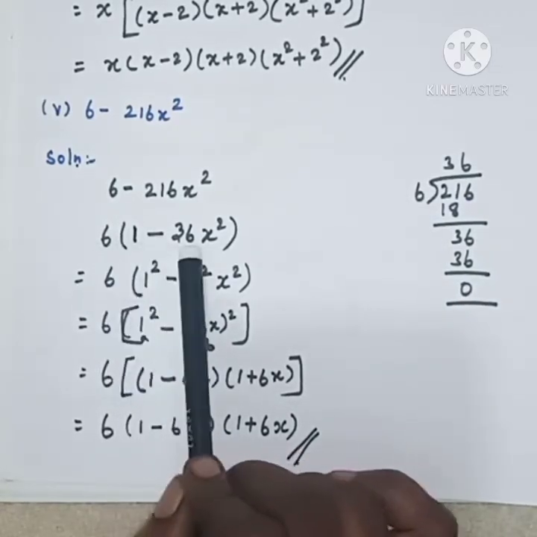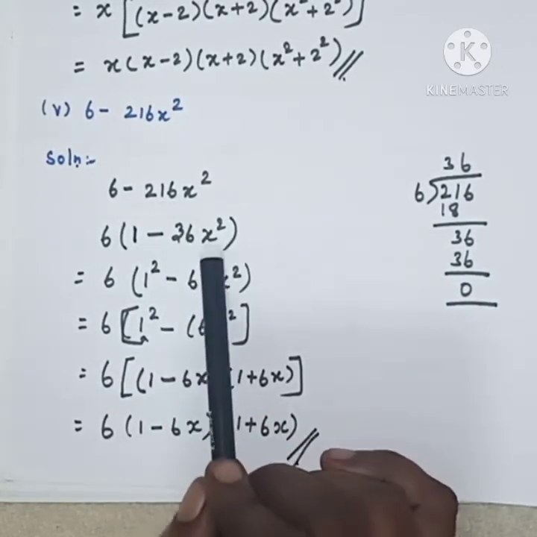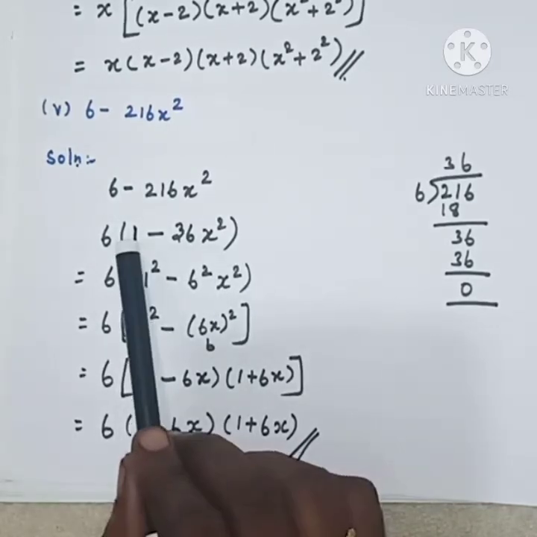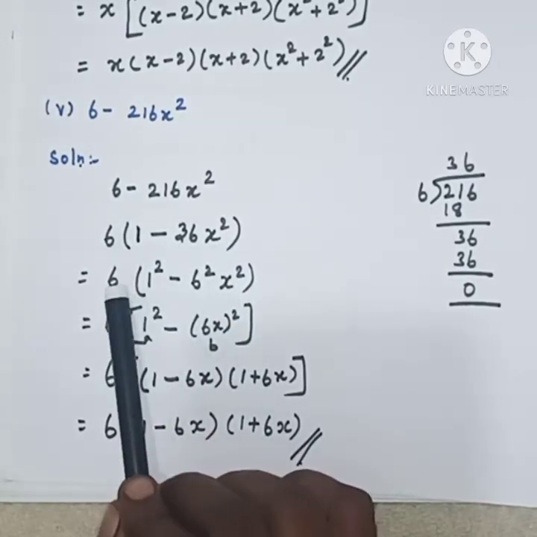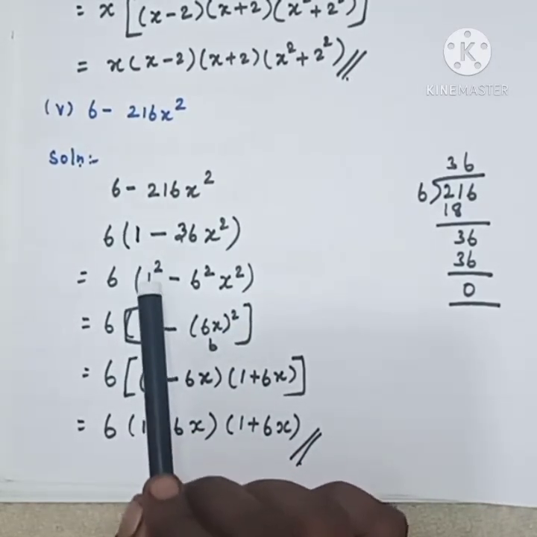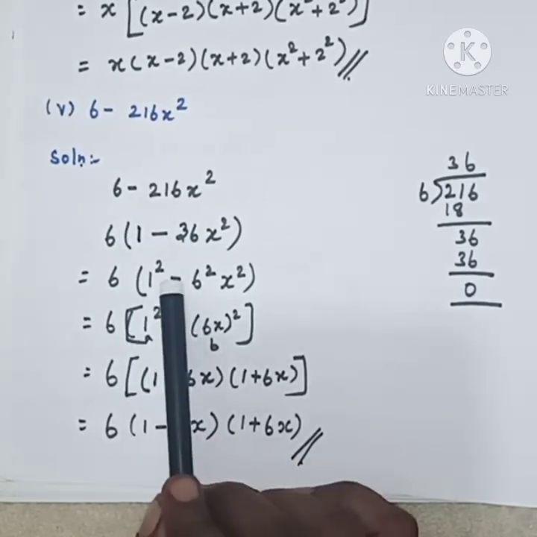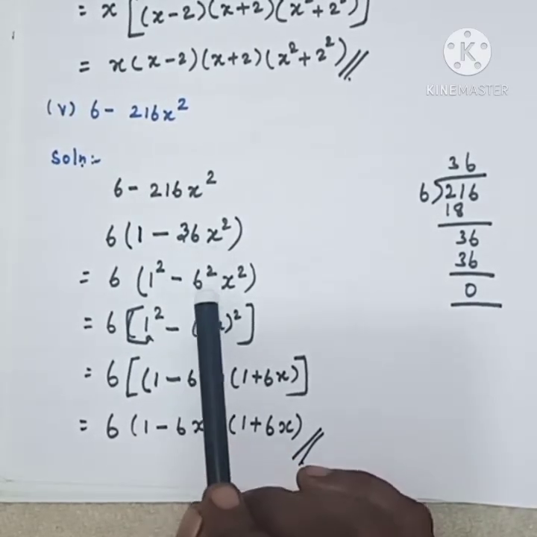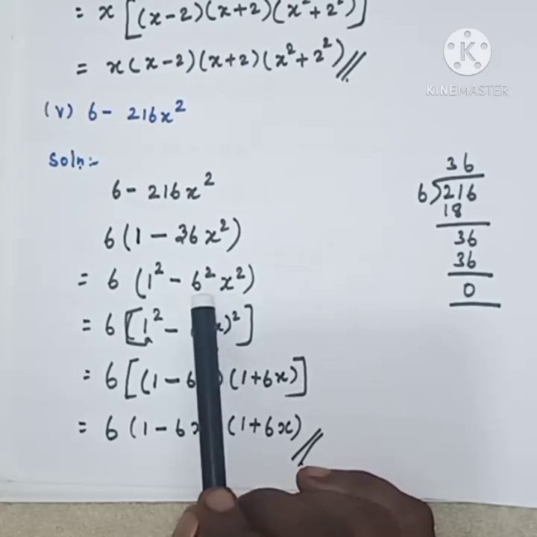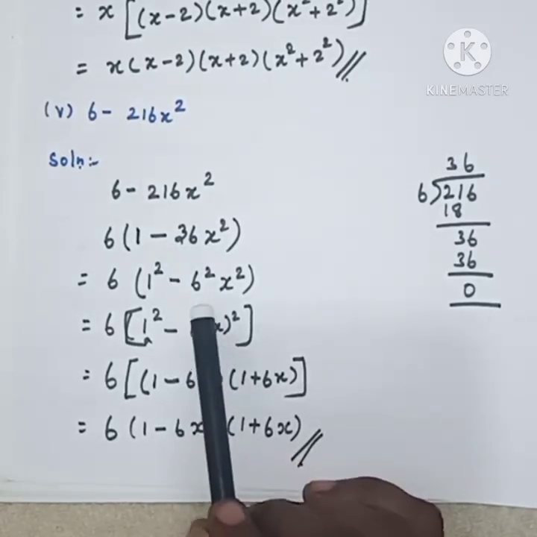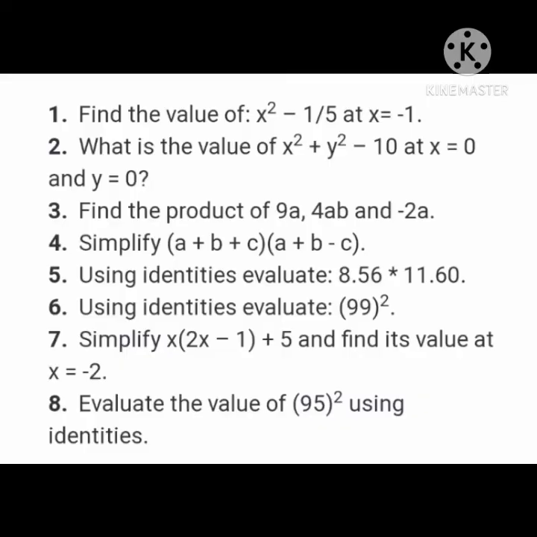So 36 into 6 is 216 again, x square. Now this expression can be written as 6 into 1 square, 1 ones are 1, minus 36 can be written as 6 square, 6 sixes are 36, into x.